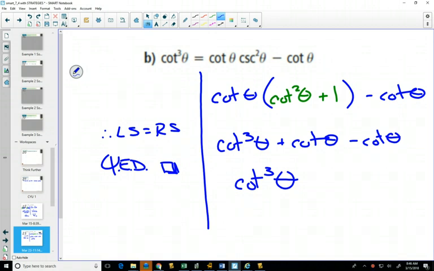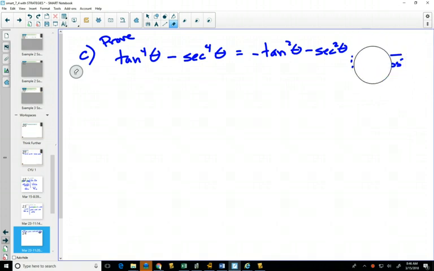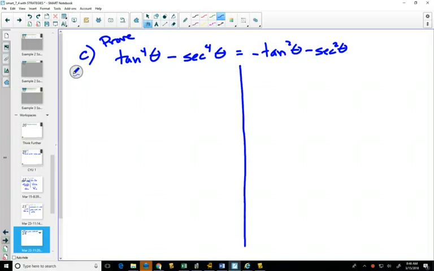All right, and the last one, as we're getting into some more difficult proofs, we start adding some more strategies. Okay? So in this last one, it has tan squared and it has secant squared.